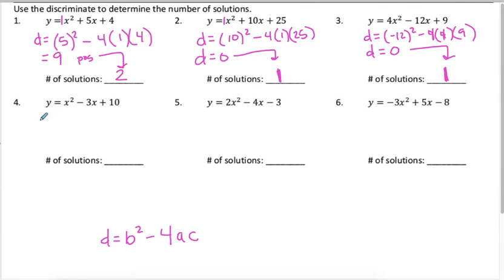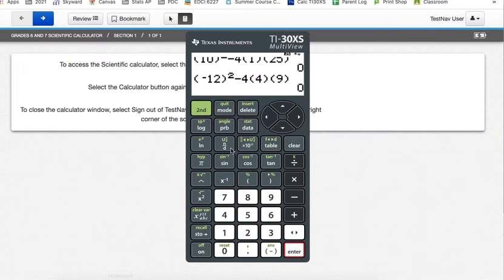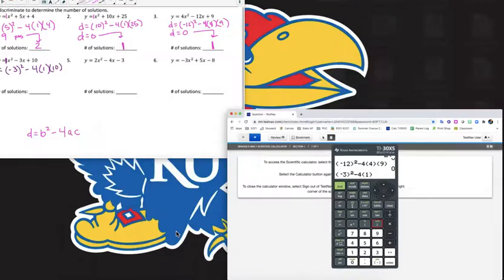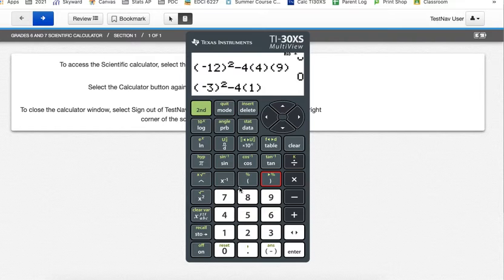On number 4, the discriminant equals b squared minus 4ac. Again, I'm pulling that 1 in front of x squared. And then in my calculator, don't lose the negative, b squared minus 4a, I forgot what c was, 10.